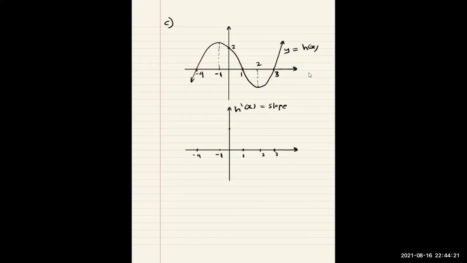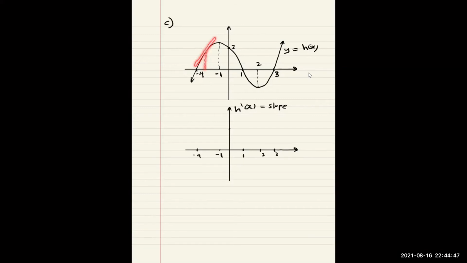Well, first of all, let's try to identify a few things. In this interval, what is the sign of your slope? In this entire interval, your slope is positive. As you can see, if you take any point in this interval and draw a tangent at that point, the slope of that tangent is positive.